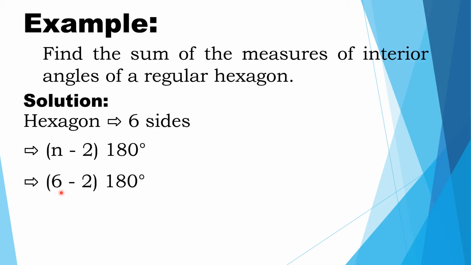N is equal to 6. 6 minus 2 times 180 degrees. 6 minus 2 is equal to 4. 4 times 180 degrees is equal to 720 degrees. Therefore, the sum of the measures of interior angles of a regular hexagon is 720 degrees.